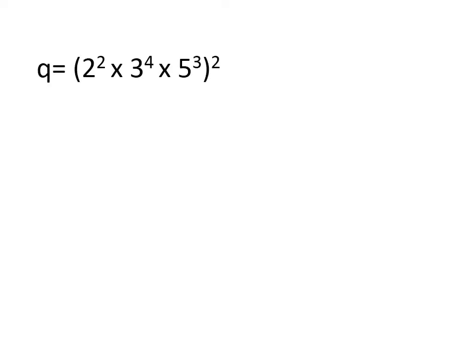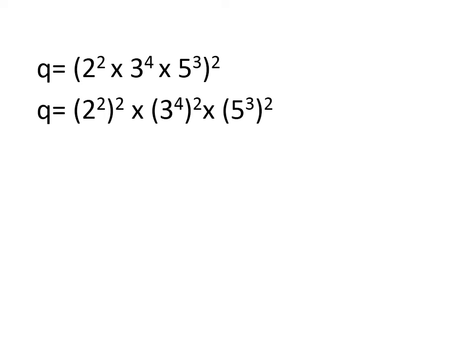Okay, the last one. Q equals (2 to the power 2 times 3 to the power 4 times 5 to the power 3) all to the power 2. Again, we should write each factor alone with the power 2. Okay, so (2 to the power 2) to the power 2, it means that we have to multiply the powers by each other to get 2 to the power 4, times 3 to the power 4 times 2, which is 8, times 5 to the power 3 times 2, which is 6.